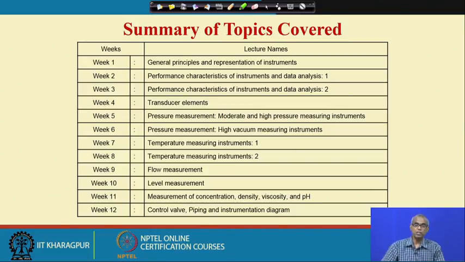We have talked about various temperature measuring instruments over 2 weeks. We have talked about flow measurements for 1 week, level measurement for 1 week. We have also talked about miscellaneous measurements such as concentration measurement, density, viscosity and pH for 1 week. And this week we talked about control valve and piping and instrumentation diagram.